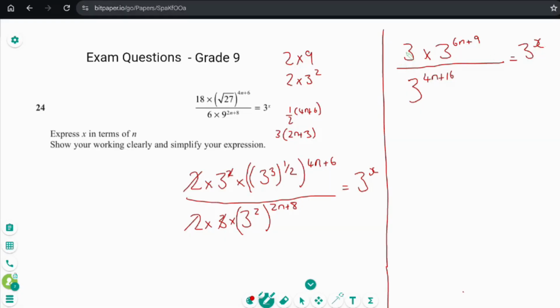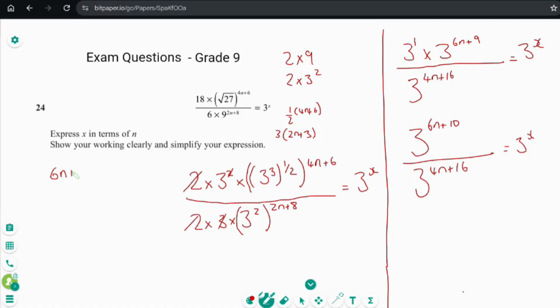Let's carry on simplifying. 3 is 3 to the power 1. The base is the same. When we multiply, we add the powers. So 1 add 6n add 9 is 6n plus 10. And now we can subtract the powers. But let's just be a bit careful with this.